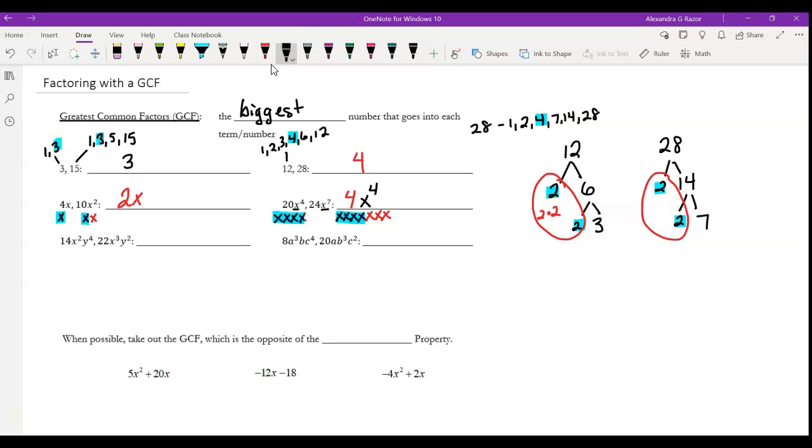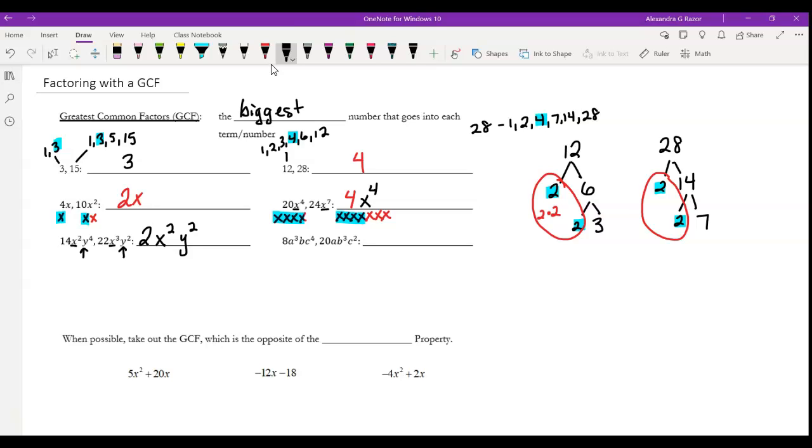So the GCF for the numbers between 14 and 22 is 2. I have 2 x's and 3 x's, so the most I can take out is 2. I have 4 y's and 2 y's, so the most I can take out is 2. All right, here, 8 and 20.